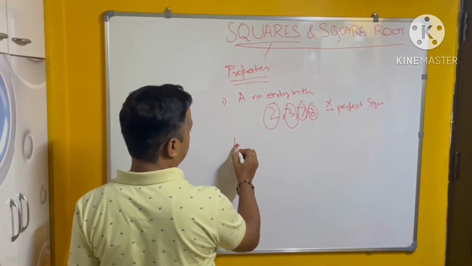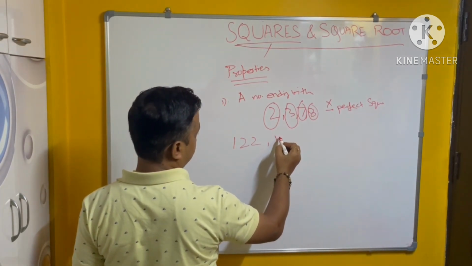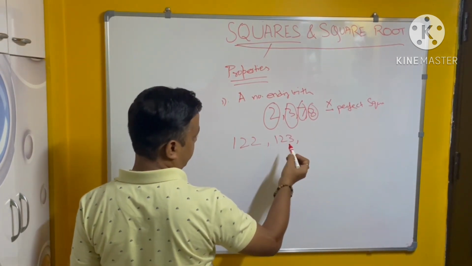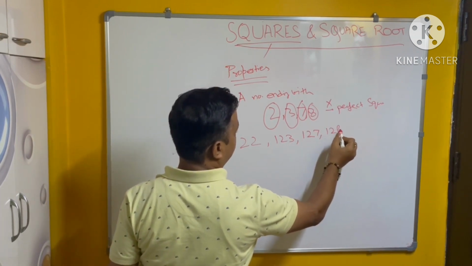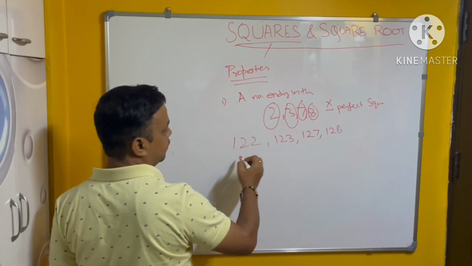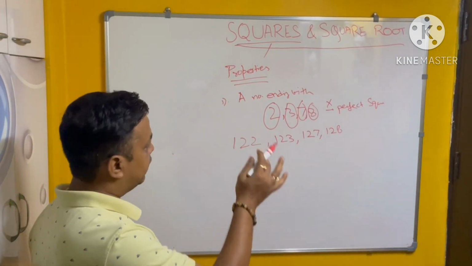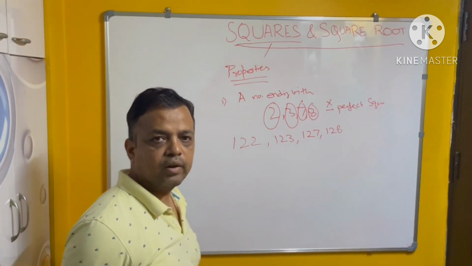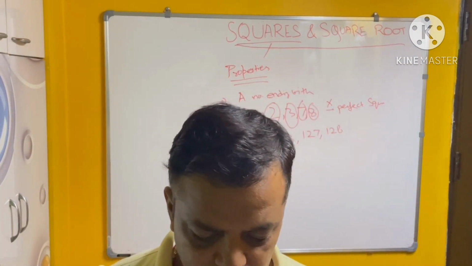Suppose 122 or 123, right? 127, 128, right? So these are not perfect squares. In the same way, any number that is ending with 2, 3, 7, 8 cannot be a perfect square.